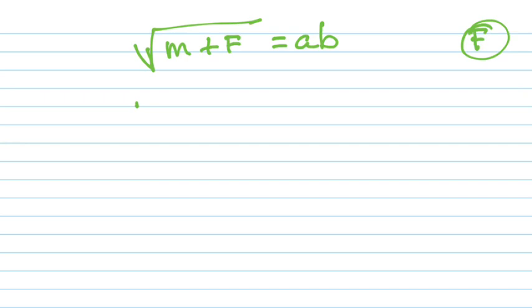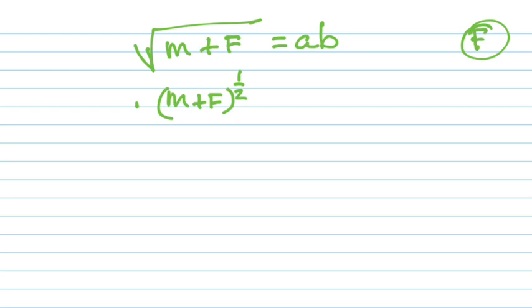Literally, the square root of M plus F means the bracket M plus F raised to the 1/2 power. So it's still a bracket, still a grouping symbol. Anytime you have any of these grouping symbols, you need to take care of them at the very first, just like they were brackets.